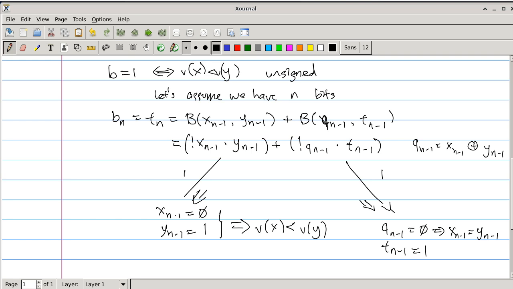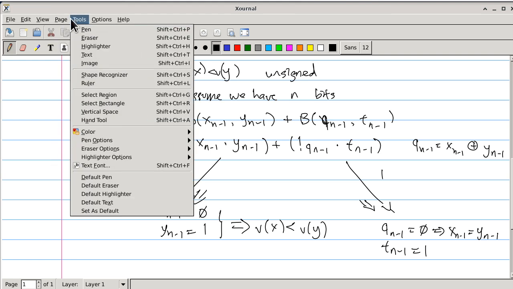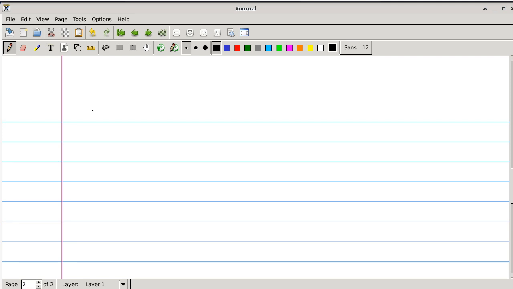Okay, so I'm just going to conclude here without going too much into this, and we just basically say if the borrow, which is Tn, so I'm going to use both notations here, the overall borrow of a subtraction, which is also known as T of n for an n-bit subtraction, if this is 1, this is a 1 if and only if the unsigned value of x is less than the unsigned value of y.